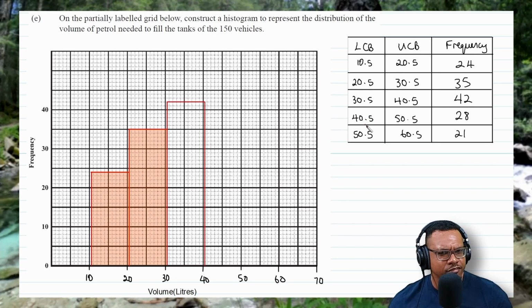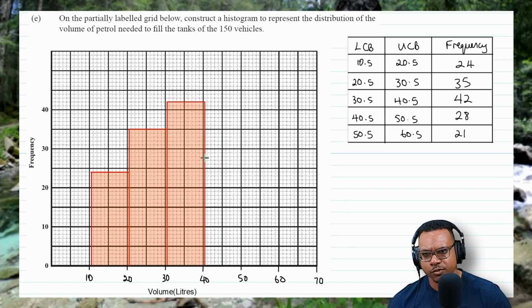Then we're going from 40.5 to 50.5, and we're going up to 28. So this is the 40.5 line here, and we're stopping at 28. So 28 is about, here's 25, so 26, 27, 28, that's right here. And we are coming across to 50.5.